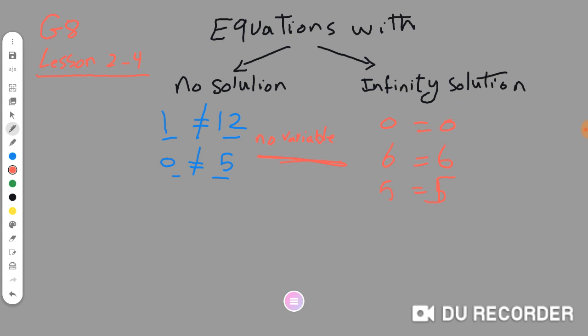Let's take some examples to see how we can find no solution. An example of finding no solution.